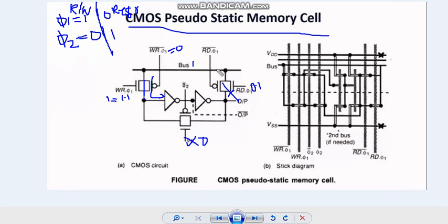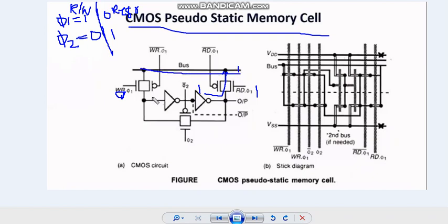For the read operation, let us erase the previous one. For a read operation this will be 0, and this will be 1. Whatever the data, if it is 1 and it is on, the current will start flowing like this. The data path is in this direction, and across the bus we are going to get the data as a 1 bit.